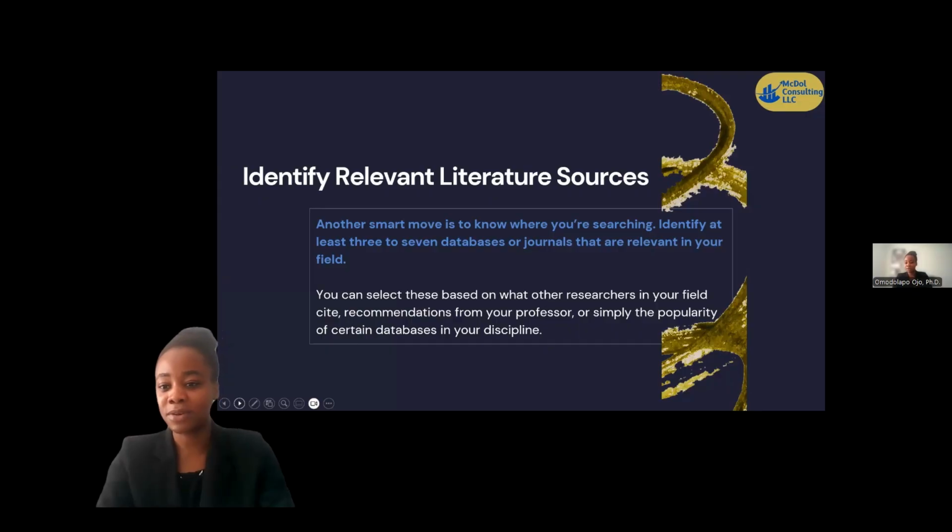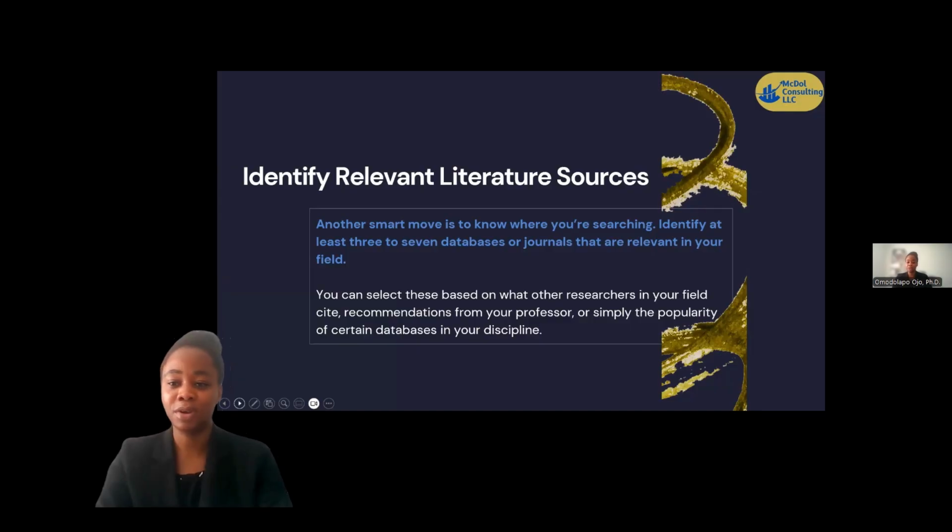In your field of study, you would have seen some literature reviews that have happened in the past, and one thing you realize is that several of these literature studies have commonalities in terms of their sources. Once you are able to establish that, that is a very good source to look into.